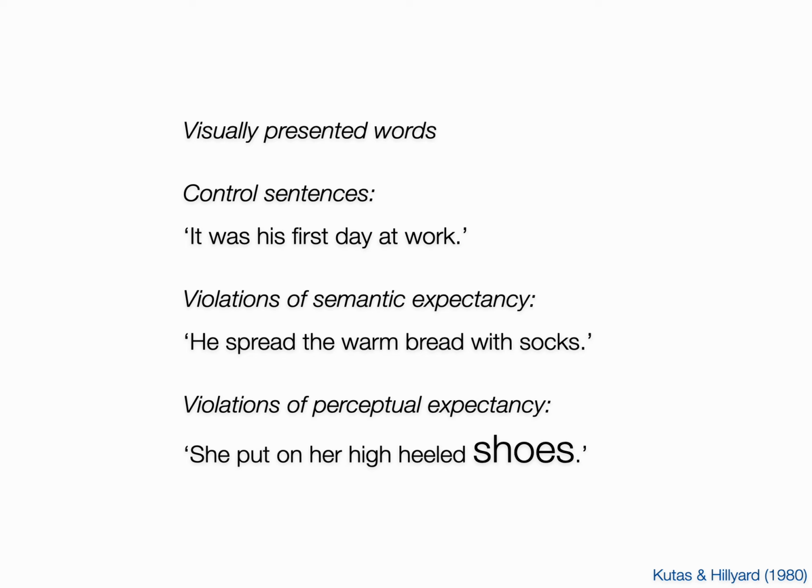In a violation of semantic expectancy, we do not normally expect or predict the word socks to occur in the context of the preceding sentence fragment. He spread the warm bread with. We would expect something like butter or Nutella. In violations of perceptual expectancy, the word that closes these sentences, shoes, is presented in a larger font than we expect, given the font size of the preceding words.